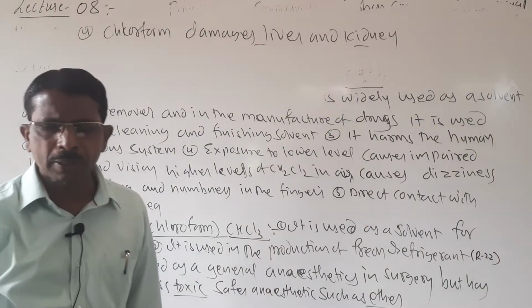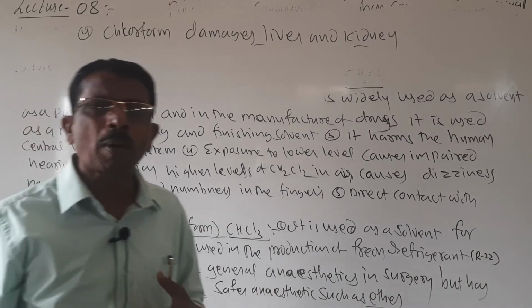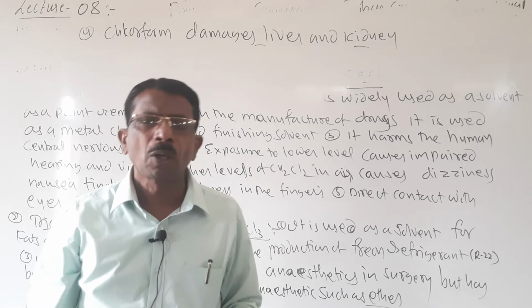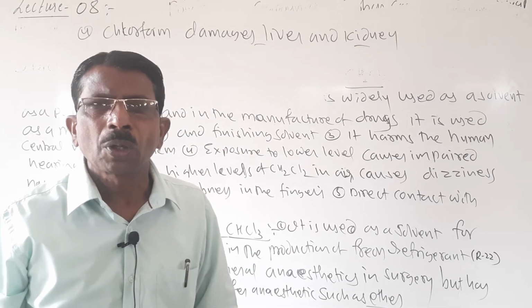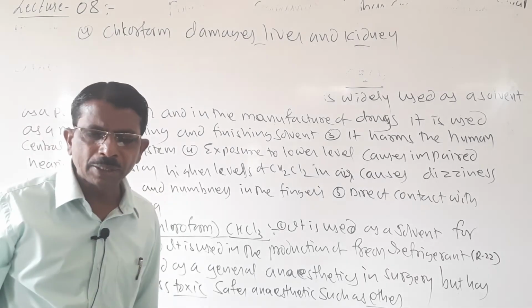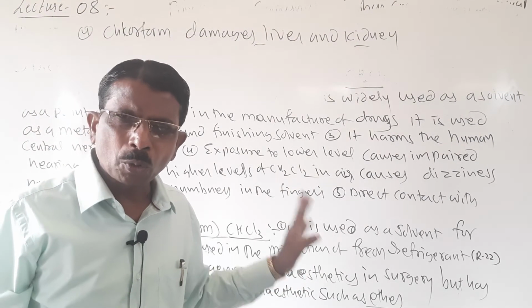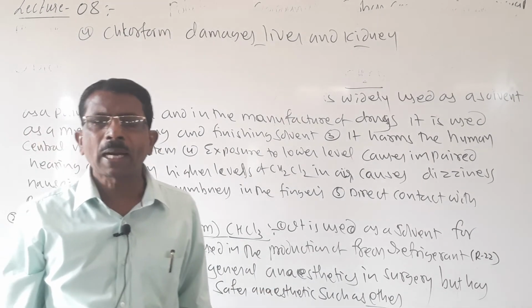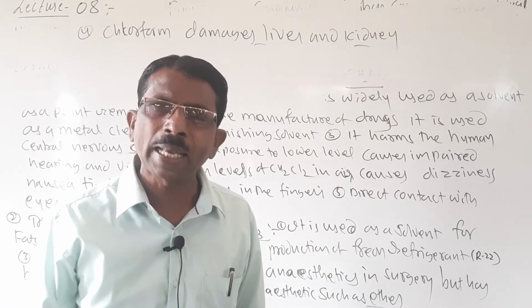When it is inhaled in small quantity, that is 900 parts, it causes dizziness and nausea, and sometimes a vomiting sensation. Whenever chloroform combines with air, it slowly forms carbonyl chloride, that is called phosgene. It is a poisonous gas.